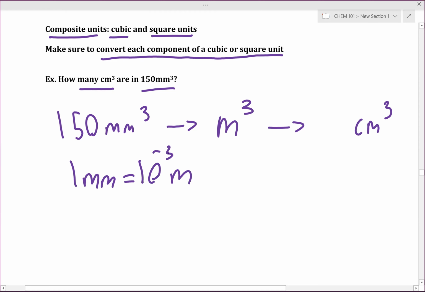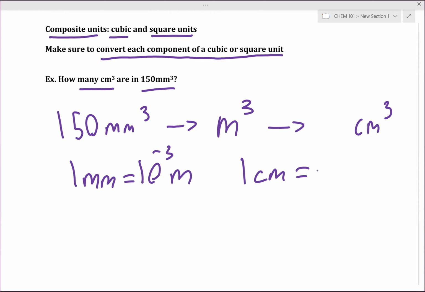Okay. Now, the best way to handle cubic units, in my opinion, is to generate your conversion factor first and then modify it based on the power. We'll talk about that in a second. So 1 centimeter corresponds to how many meters? Centi, what does that prefix correspond to?